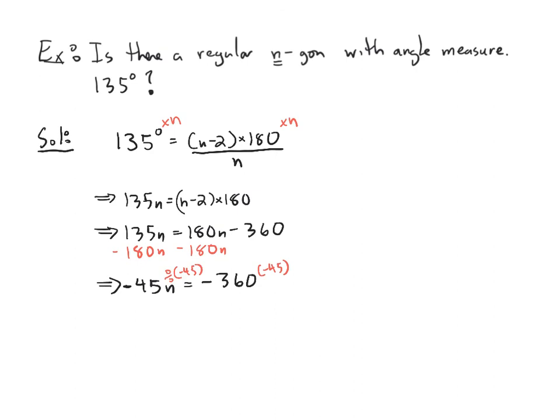And you can check, if you like, that 360 divided by 45, remember, we have a negative divided by a negative, so our answer is going to be positive. 360 divided by 45 is indeed 8, so n is 8. So in fact, we do have a whole number that's 3 or greater, so there is a regular N-Gon with an angle measure of 135 degrees, so yes, there is.